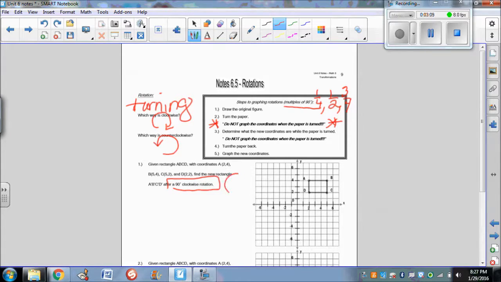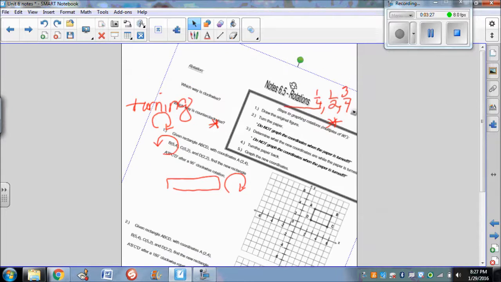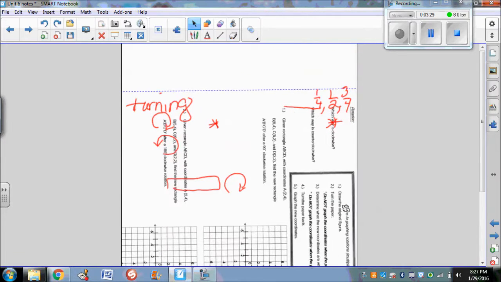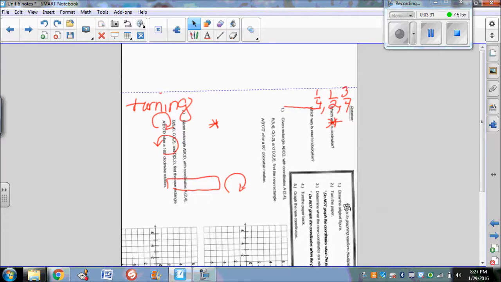So with a 90-degree turn, this is where we're going to have to turn our paper. A 90-degree quarter turn. You're going to take your paper and do exactly what I'm doing. You're going to turn it a quarter turn.